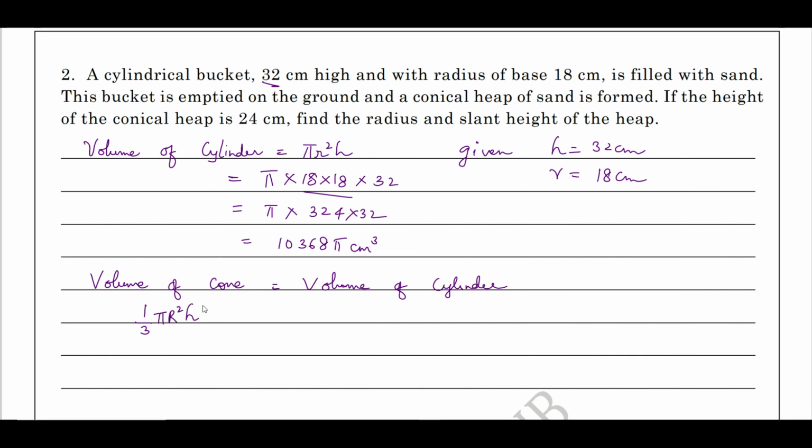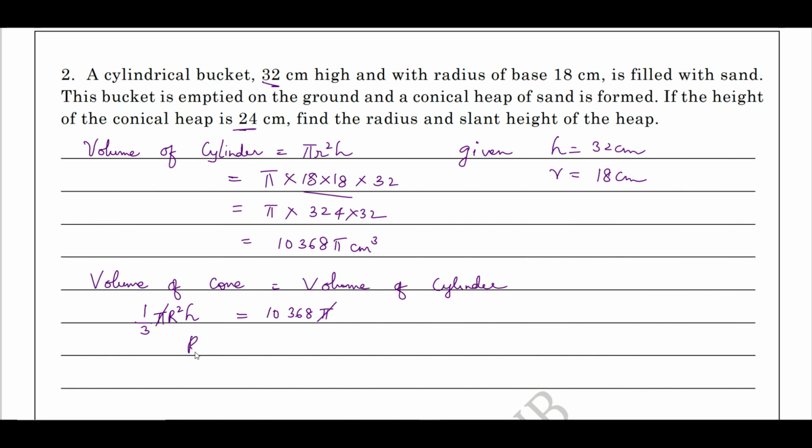I'll take it as capital R because the radius is different from the radius of the cylinder, equals, what is the volume of cylinder I have calculated? That is 10,368 pi. Now pi and pi will cancel out on both sides. Height is given as 24 centimeter.